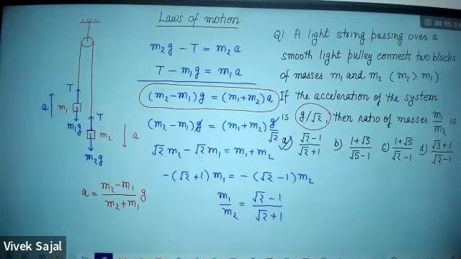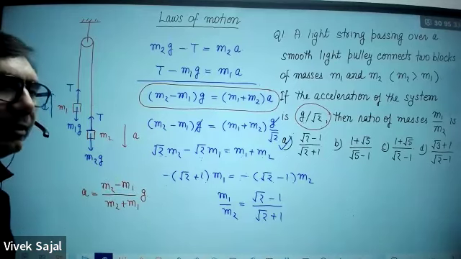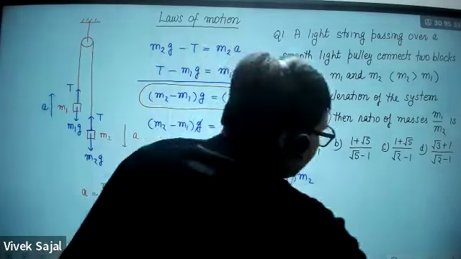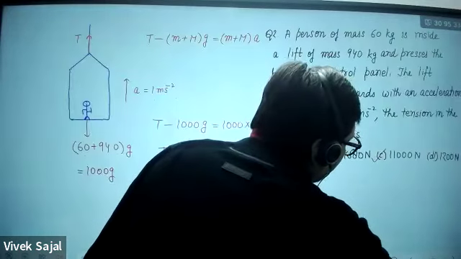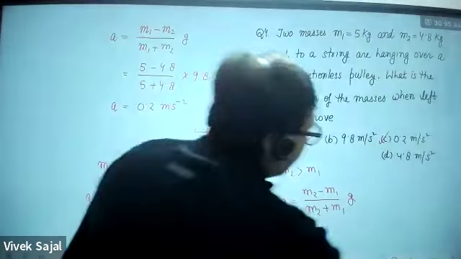Here I was assuming M2 was greater, as it was given in the question. So please remember this formula. This will be very helpful. This will be a 1 mark or 2 mark question, or they can modify it a little bit, but this is always a simple but good question.